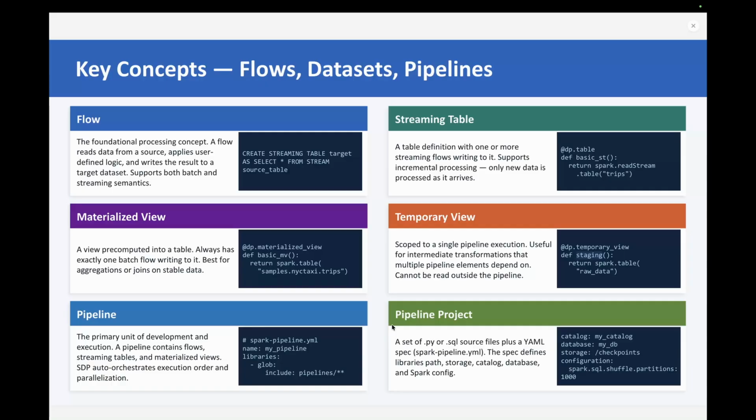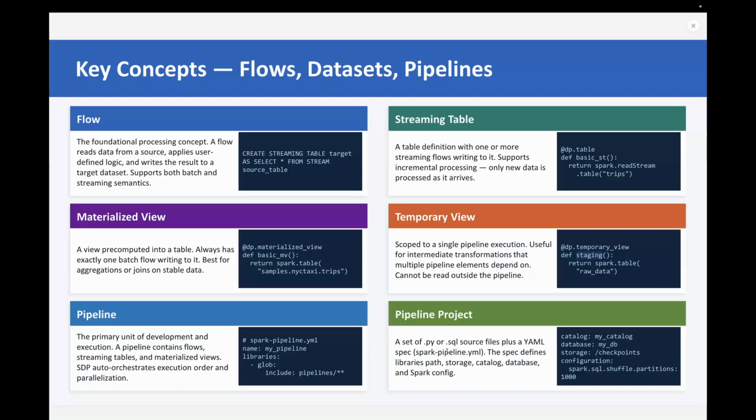And the final key concept is the pipeline project. A set of .py or .sql source files plus a YAML spec like the spark-pipeline.yaml file. This spec defines library path, storage, catalog, database, and Spark configuration.